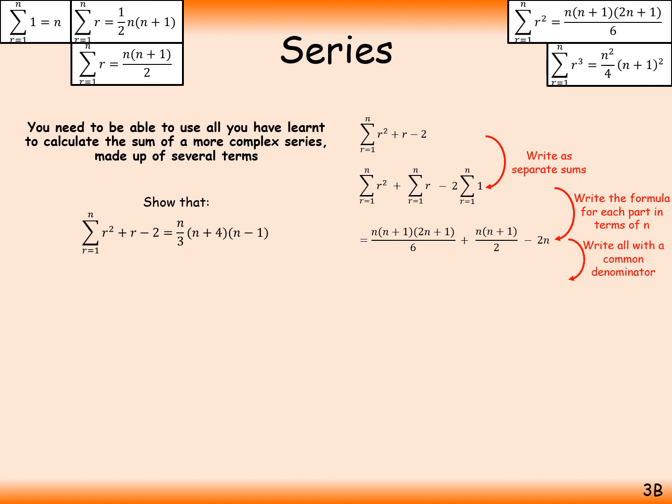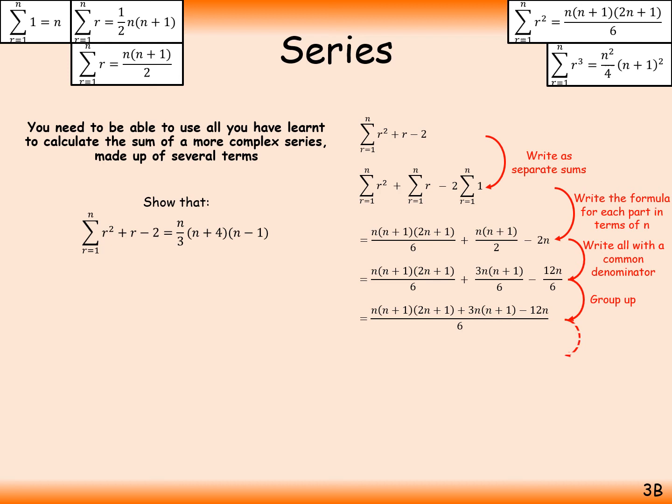We write down the common denominator. So it will be 6. So we can write all over 6. And now we could simply group them together. And if you recall from the previous presentation on series, you have to be a bit more clever on how you factorize this.